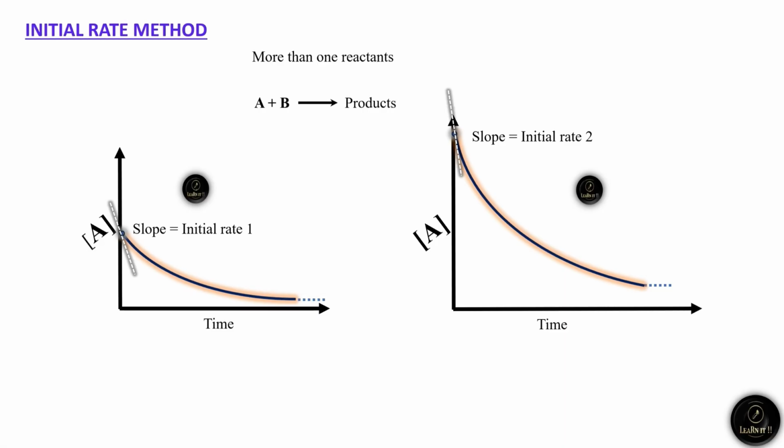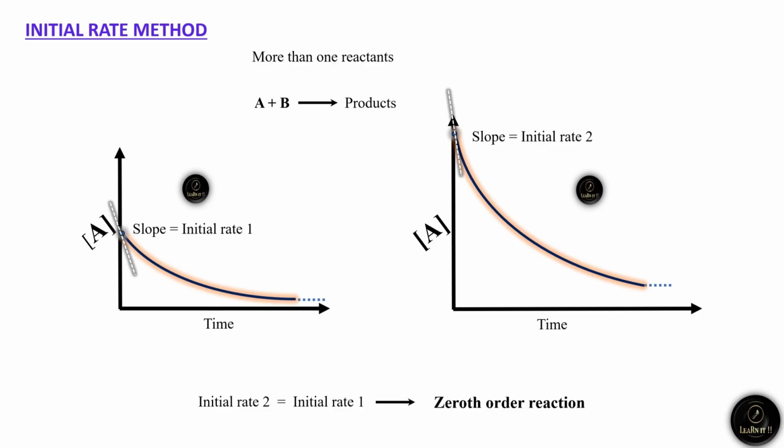Now initial rate 2 and initial rate 1 are compared. If initial rate 2 is equal to initial rate 1, then there is no difference in the rate of the reaction after doubling the concentration. So the rate of reaction is independent of the initial concentration of the reactant. So the reaction will be of zeroth order.